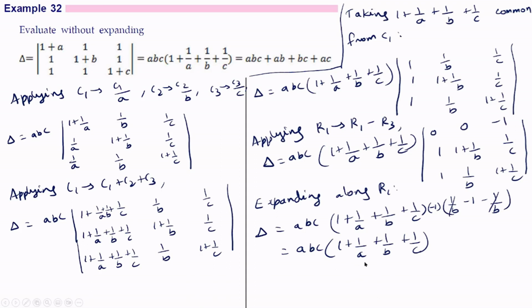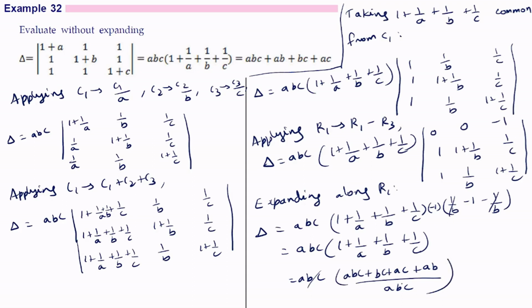Now if we take LCM here, this is equal to ABC into, the LCM being ABC, ABC plus BC plus AC plus AB.